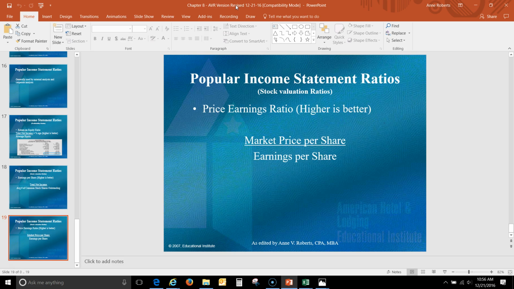Now, the higher this ratio gets, the better, because that's an indicator that we are doing something really well. So let's say that our earnings per share is still $1, but the market price of our stock is 15.